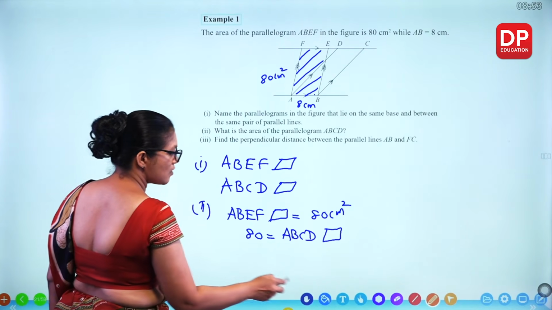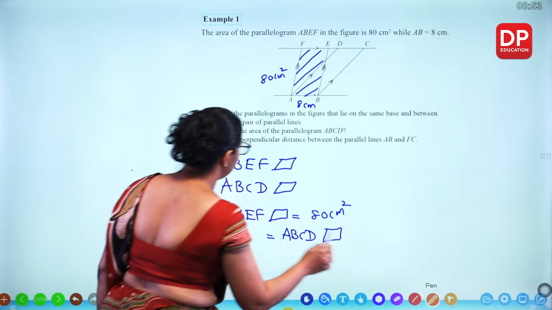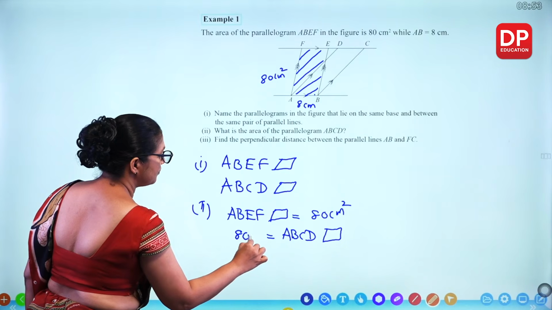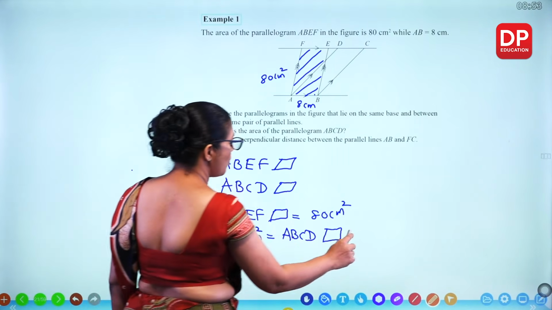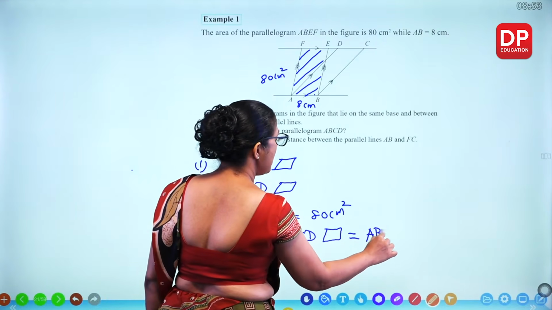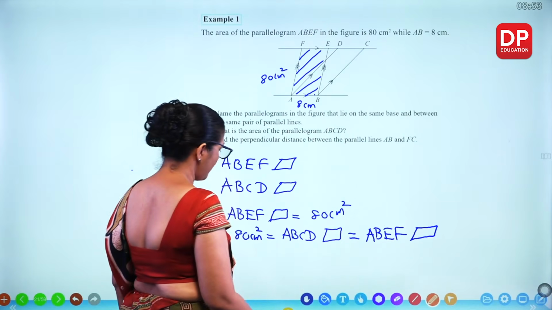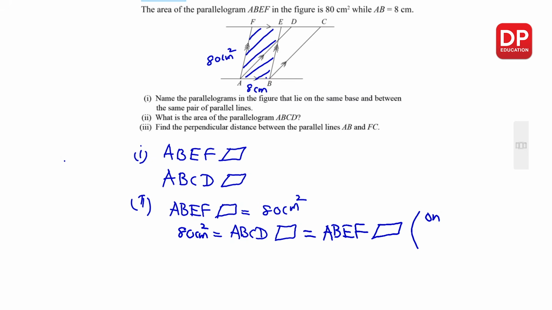So 80 square centimeters, because we know this is same as ABEF area. We can write down the reason: on same base and between same parallel lines.